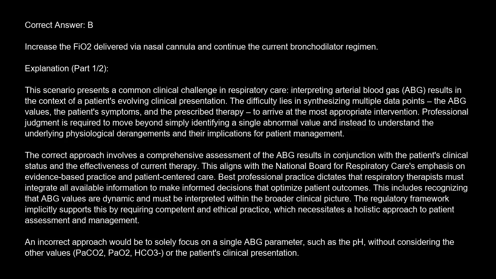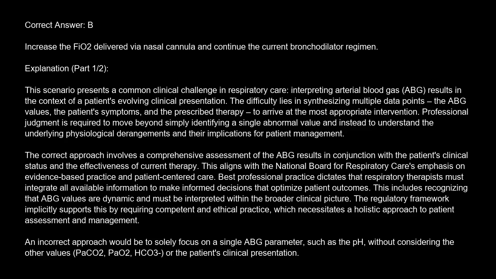Best professional practice dictates that respiratory therapists must integrate all available information to make informed decisions that optimize patient outcomes. This includes recognizing that ABG values are dynamic and must be interpreted within the broader clinical picture. The regulatory framework implicitly supports this by requiring competent and ethical practice, which necessitates a holistic approach to patient assessment and management.